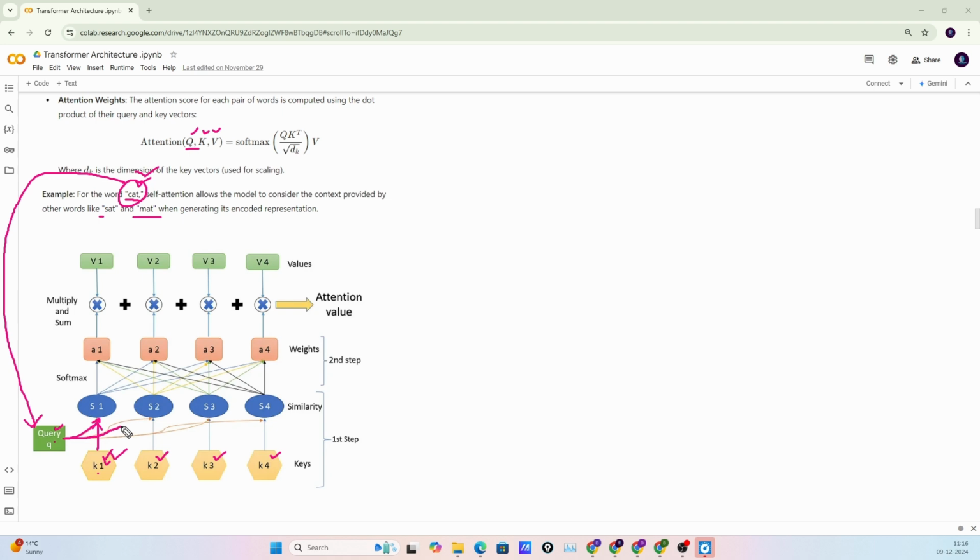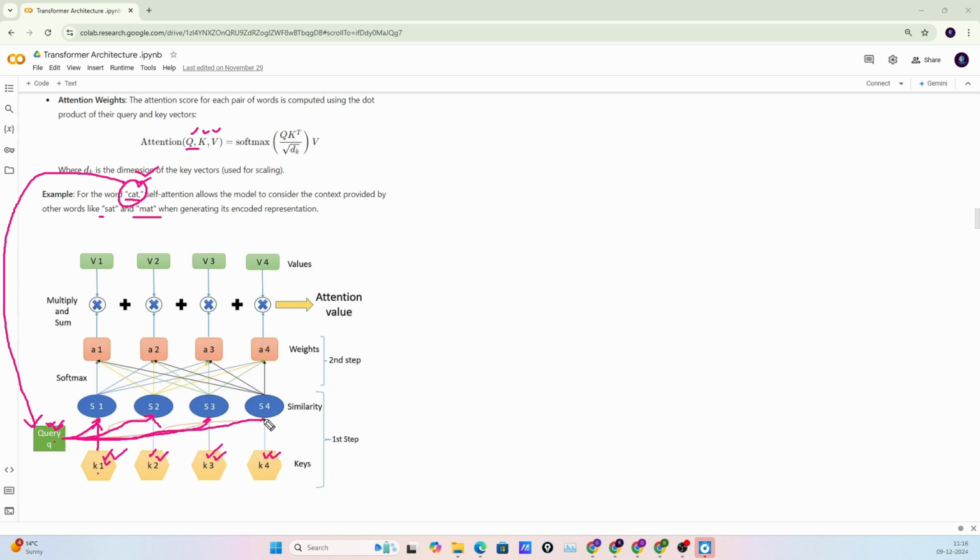Then we perform the dot product between the query vector for cat and the key vector for sat. Then we perform the dot product between the query vector, again the same cat word, and the key for the word mat, and this is for another word, and the query vector is the same.